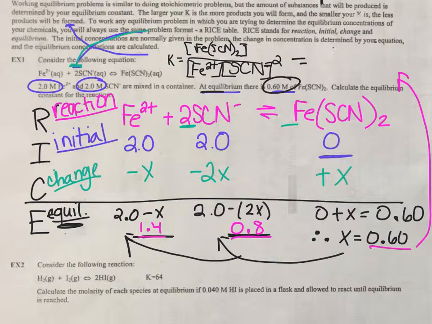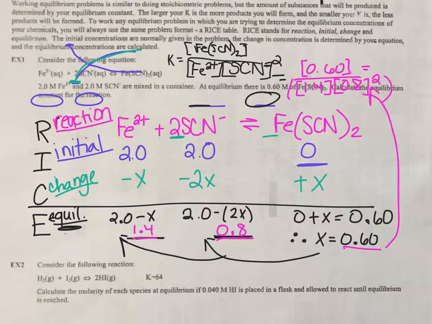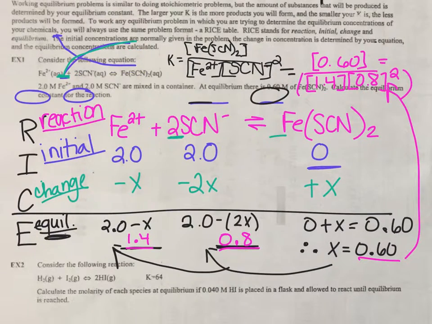So you're going to have 0.6 divided by 1.4 times that 0.8, but we got to square that guy. All right, so when you're plugging into your calculator, you might put parentheses around the bottom if you're going to multiply them all together.